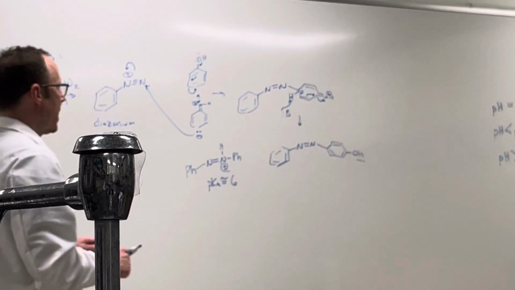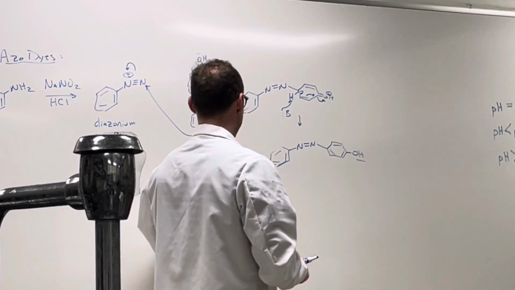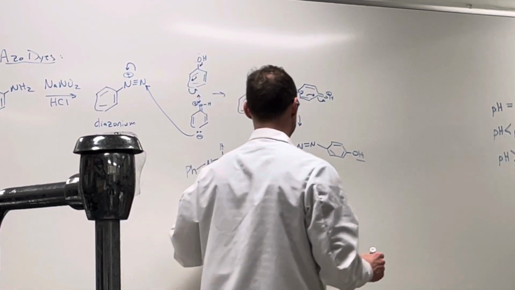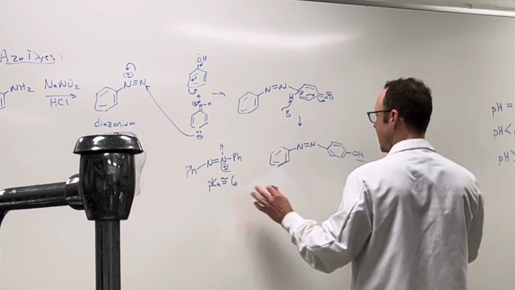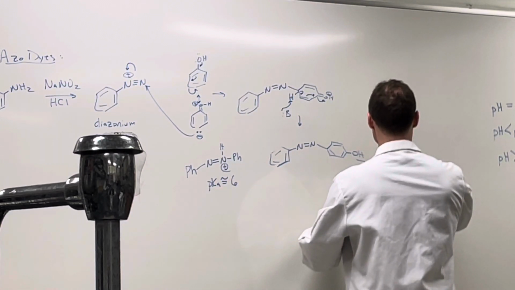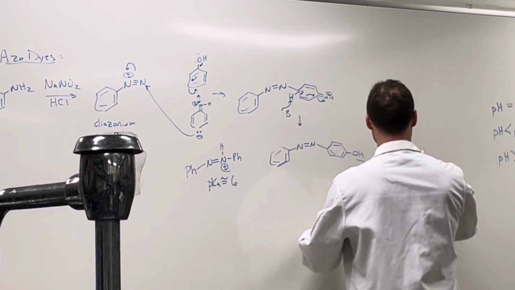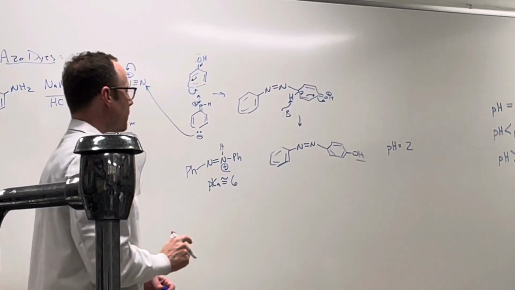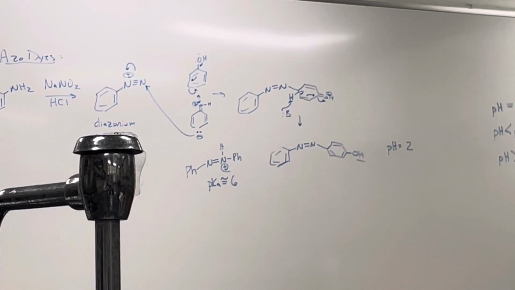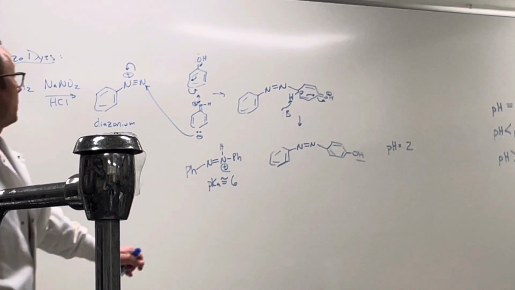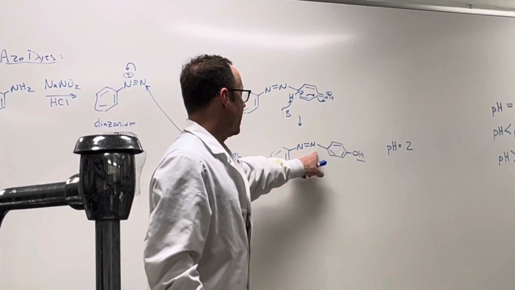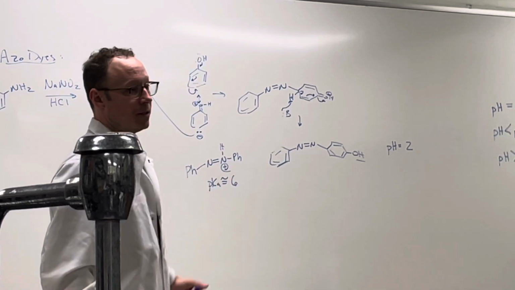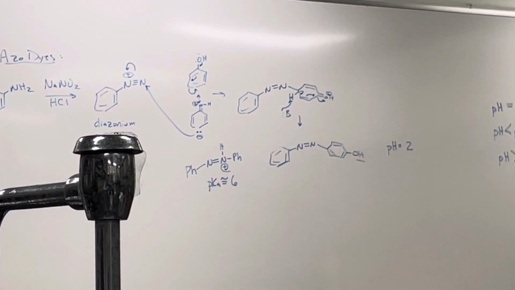So imagine for a minute, what form would predominate if we took an azo dye and we put this in a pH solution of 2? What form would predominate? Between these two, the deprotonated azo linkage or the protonated azo linkage? The protonated.